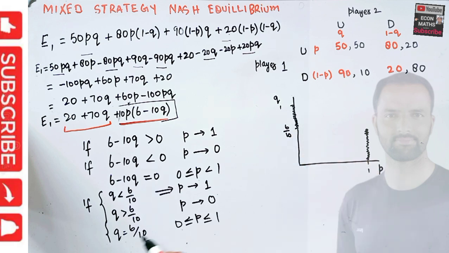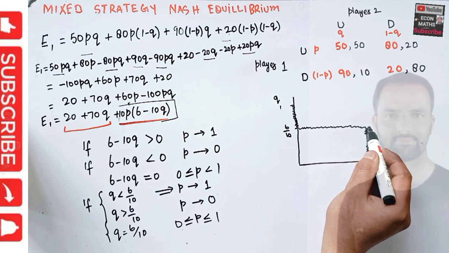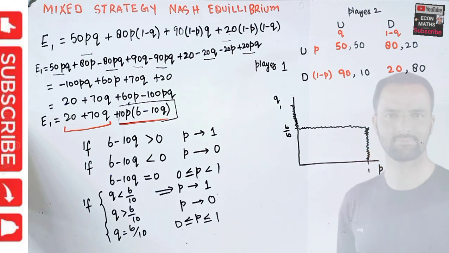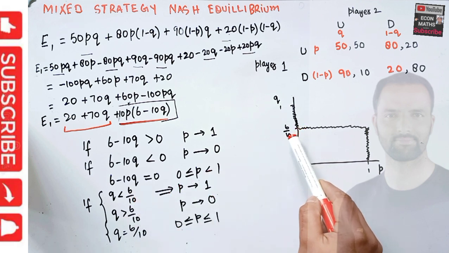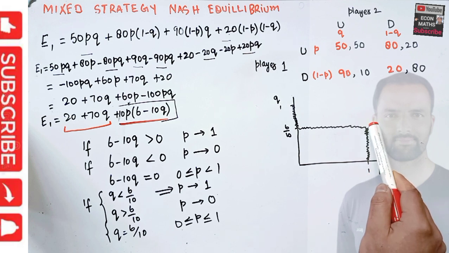When Q is equal to 6 upon 10, he is indifferent. That means his best response curve will be this very thing. So let me repeat. Whenever Q is less than 6 upon 10, player 1 will choose P with probability 1.